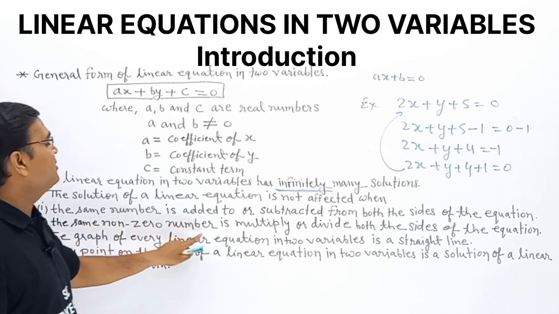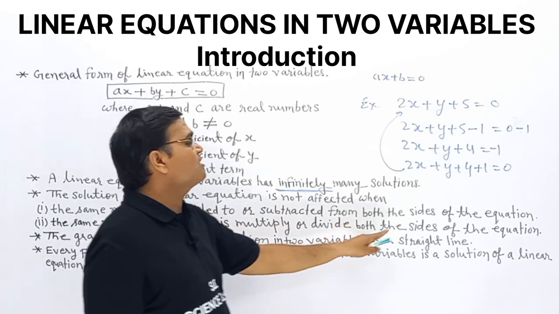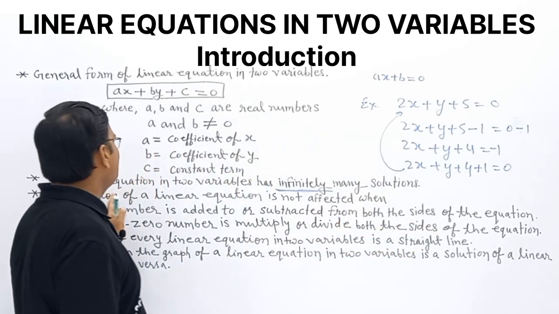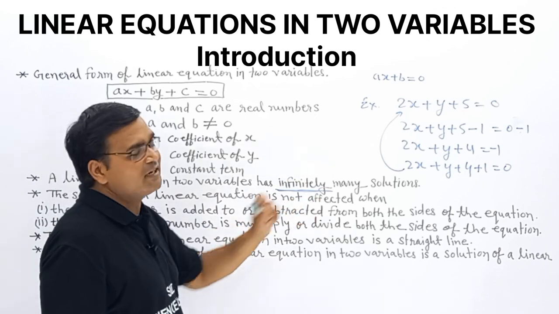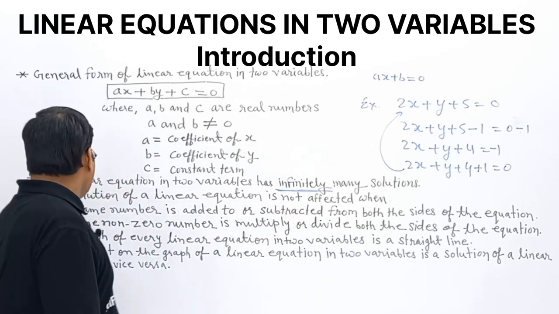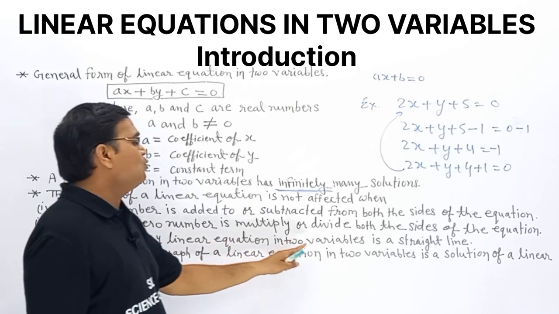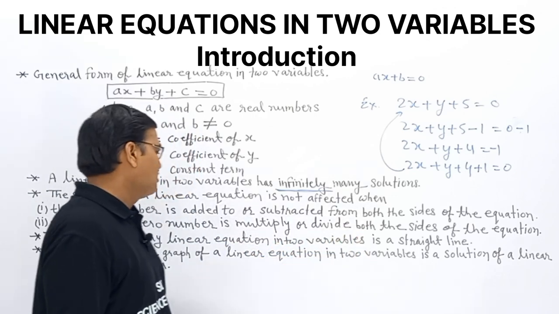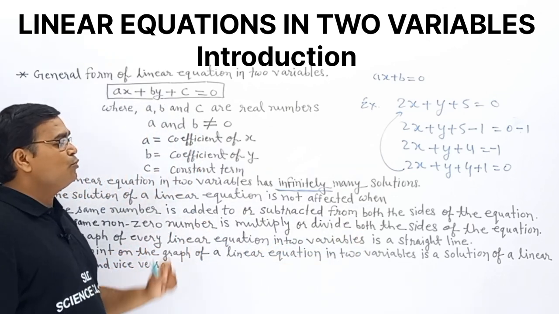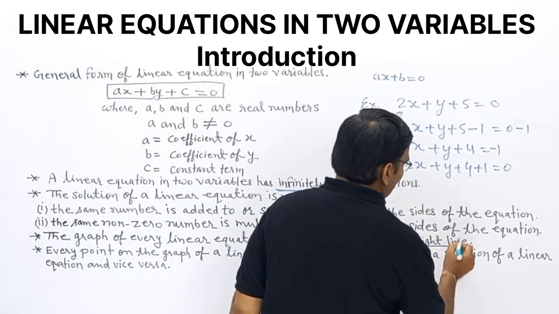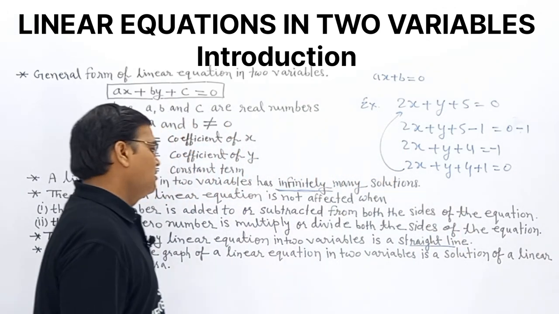Then the solution of the linear equation is not affected. Clear? Now last one, the graph of every linear equation in two variables is a straight line. So for the linear equation in two variables, we get a straight line graph. So simple questions.